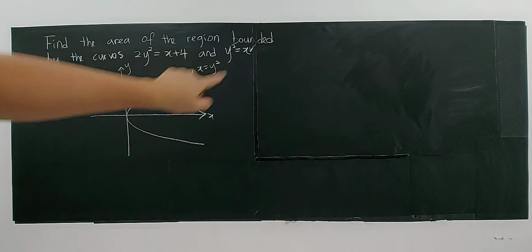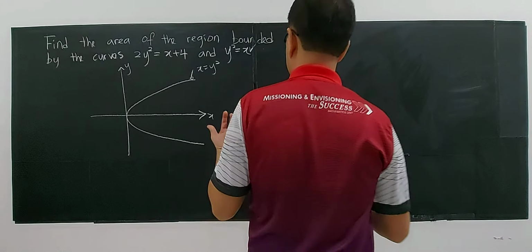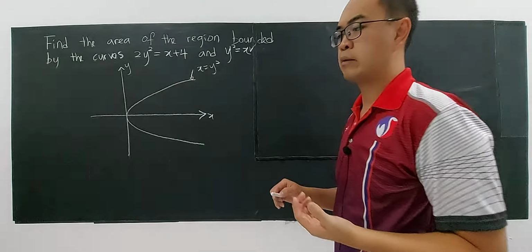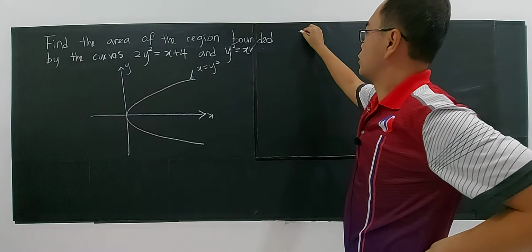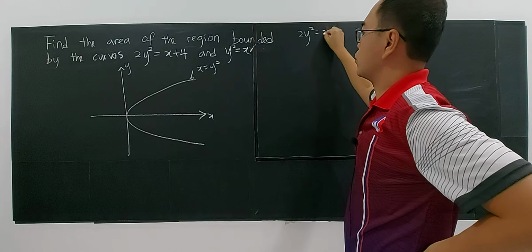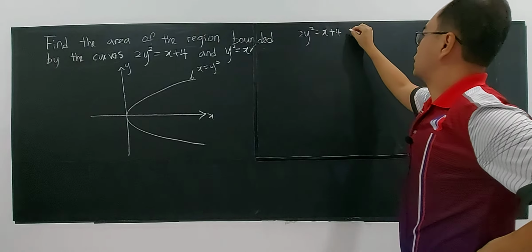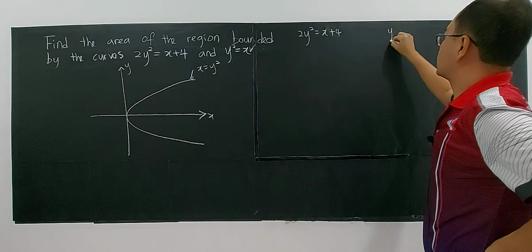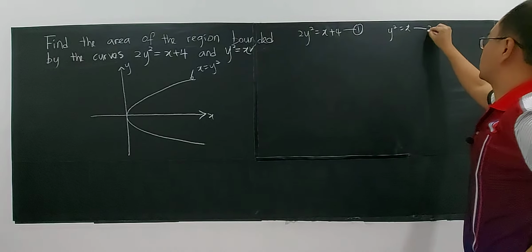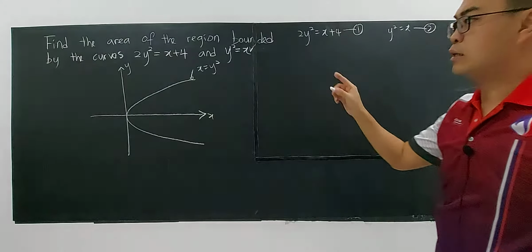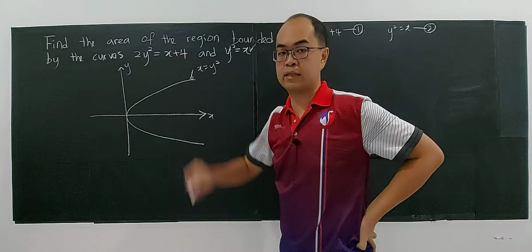So we have to find out. Before I sketch, I will do some checking first. So 2y squared equals x plus 4 and y squared equals x, right? I solve the simultaneous equations first to verify whether these two graphs intersect or not.